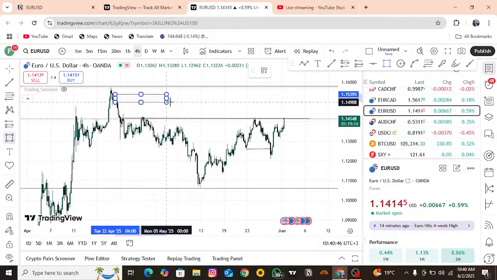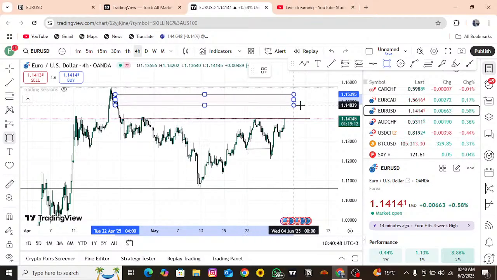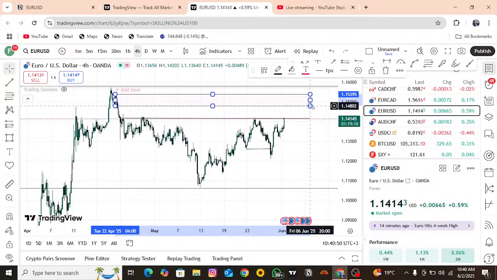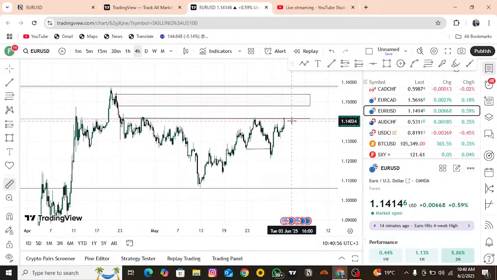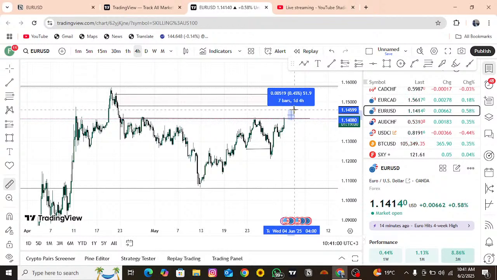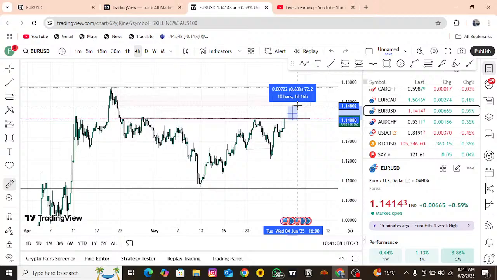This is an order flow area somewhere here. It's an area where I possibly want to see price coming and see how price is going to react to this particular area, and that will give us about 70-something pips, 72 pips.